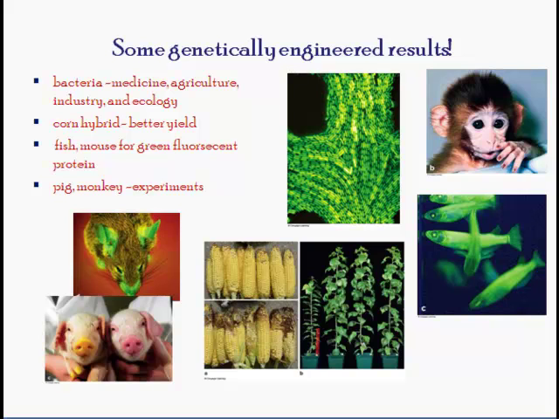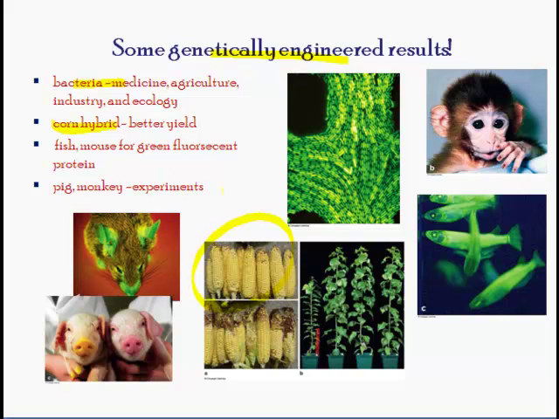Lastly, we can see some of the products that are formed by genetically engineered bacteria, used in medicine, agriculture, industry, and ecology. Usually, bacteria is the model organism used to study any of these diseases. Corn hybrid is produced that will give better yield through genetic engineering.